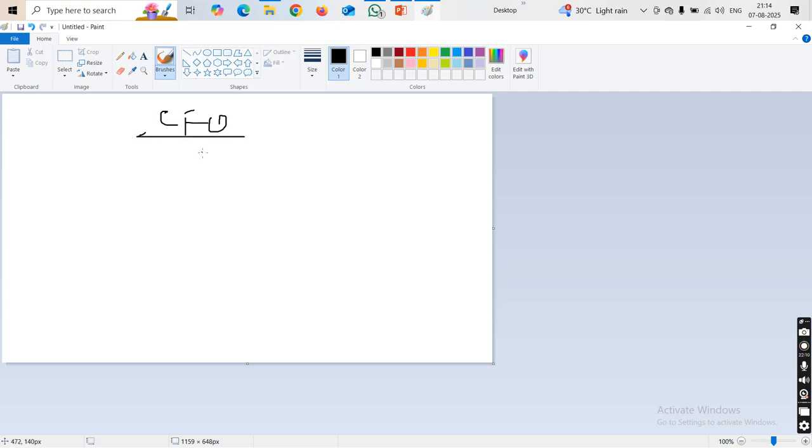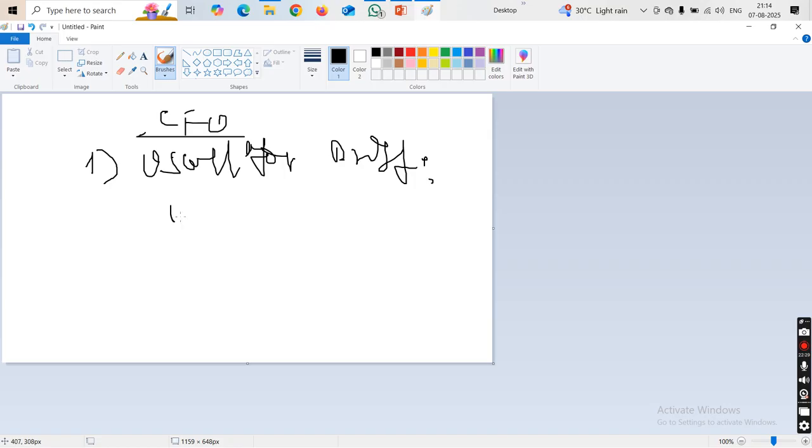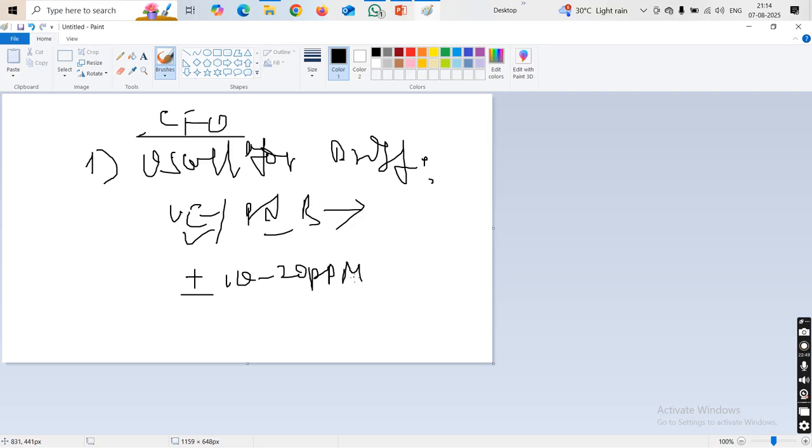Carrier frequency offset. So first, if you talk about the source, the first is oscillator drift, the local oscillator I am talking about. Usually both the UE and the gNB have their own local oscillator, and the standard drift that is defined is plus minus 10 to 20 ppm, which is the tolerable limit as defined per the specification.